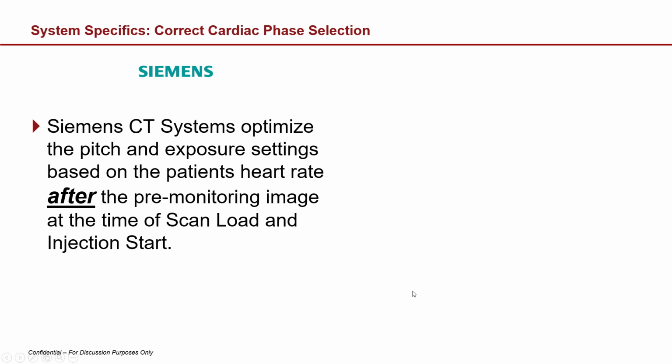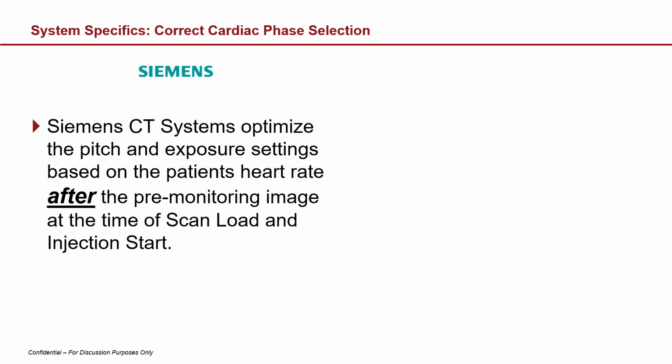So a few system specifics in order to get the best possible pictures are based on how you place your MA modulation settings. On the Siemens system, you optimize the pitch and the exposure settings based on the patient's heart rate after the pre-monitoring image at the time that you hit load and start your injection, right?